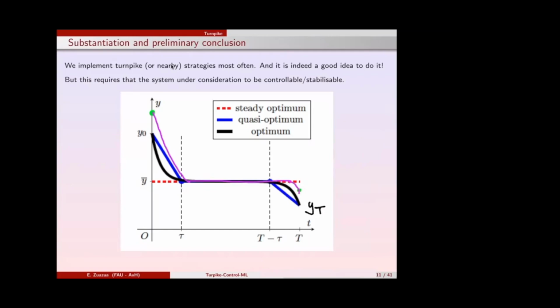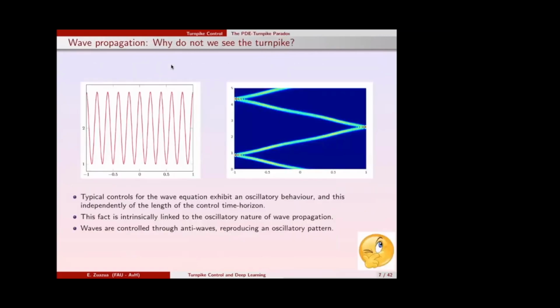But you see again that during most of the time interval, independent of the initial point and the final point, the trajectory will be the same. This is the Turnpike principle. And Turnpike in English is the name for highways.